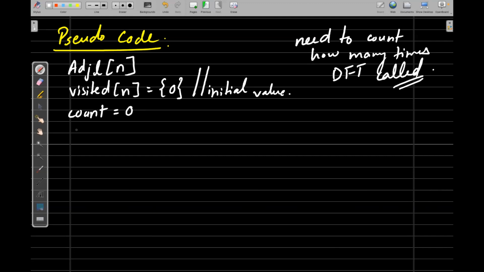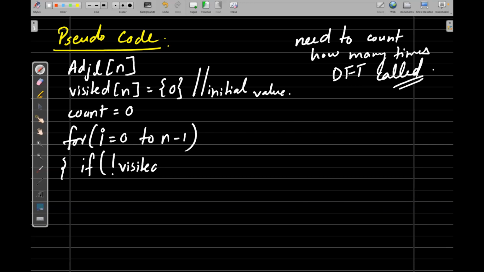Now for i equals 0 to n minus 1, because we were counting from 0 to n minus 1, if not of visited of i.